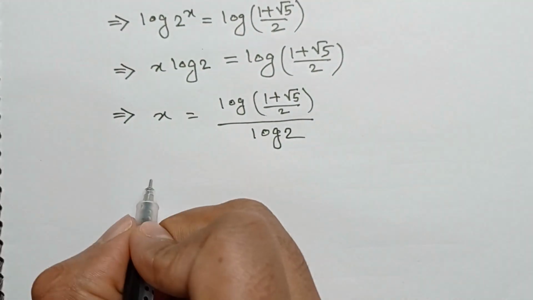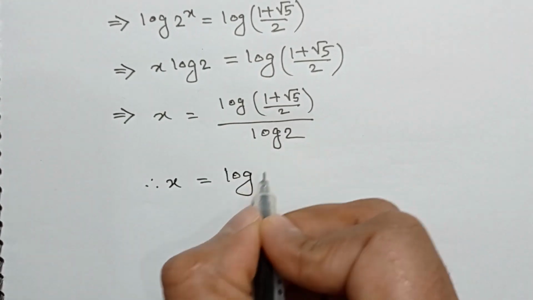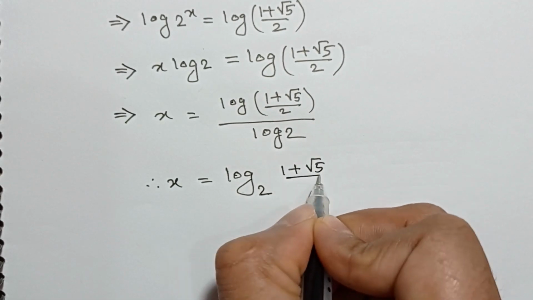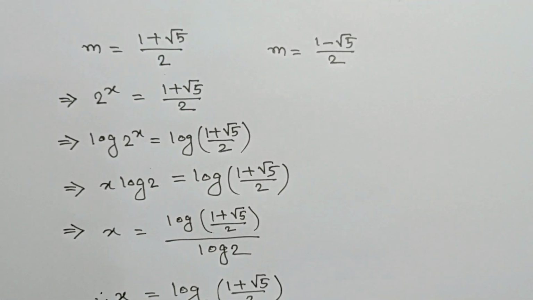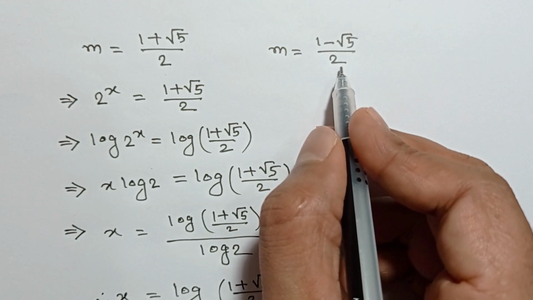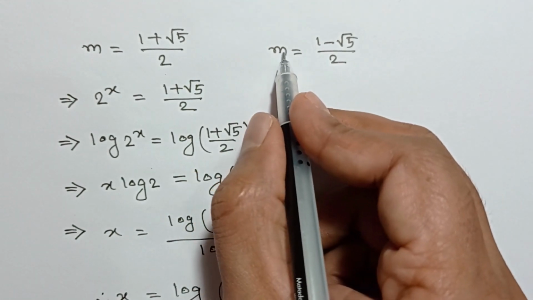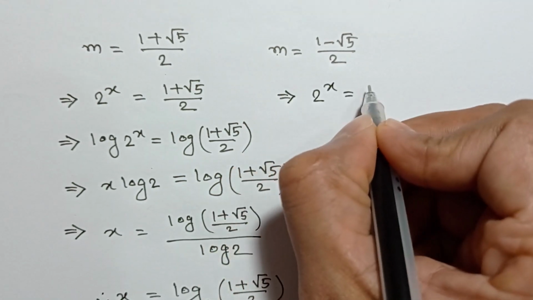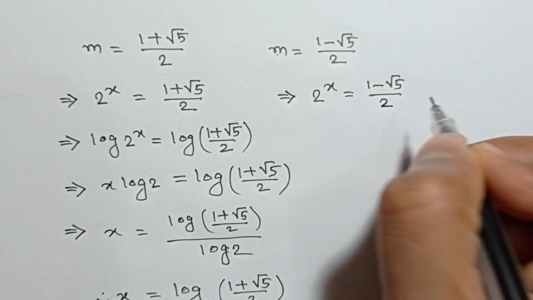So finally the value of x is equal to log 2 base 1 plus square root of 5 over 2. And from here m is equal to 1 minus square root of 5 over 2, so substituting the value of m is equal to 2 to the power x, we will get 2 to the power x is equal to 1 minus square root of 5 over 2.